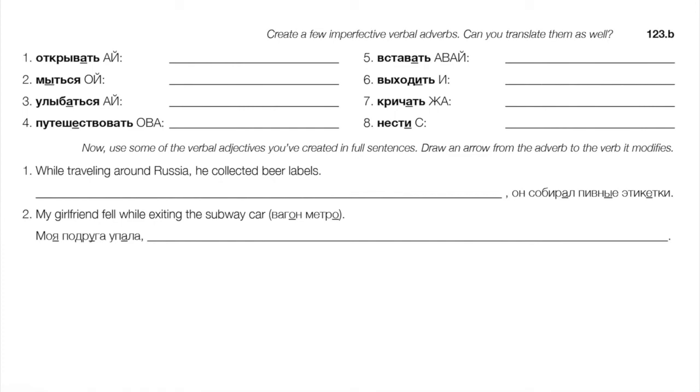Okay, let's use a couple in just simple sentences. While traveling around Russia, he collected beer labels. Он собирал пивные этикетки. This is autobiographical. I used to do this back when I first went to Russia. I had all these different beer labels from all over Russia, and I put them in a nice frame, and I think now it's rotting somewhere in my parents' attic. I have no idea where it is. It's probably been thrown in the garbage years ago, unbeknownst to me.